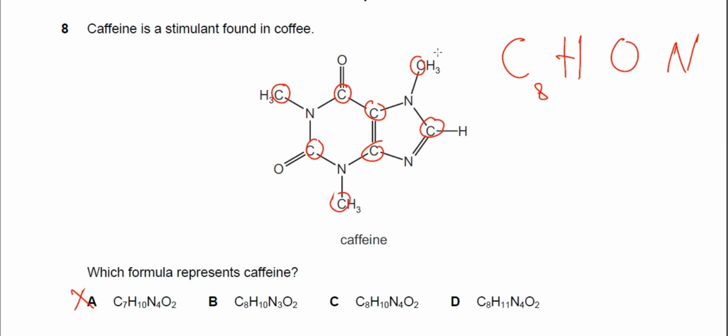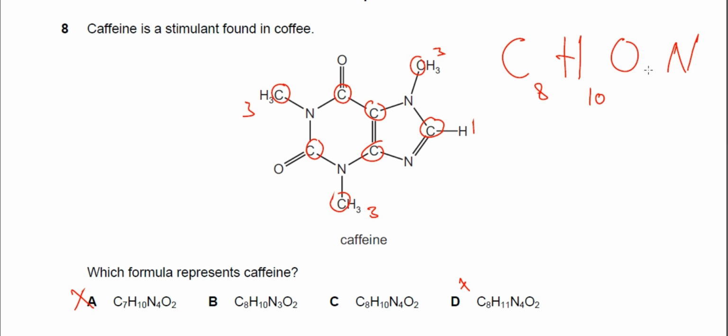How many hydrogens are there? 3, 1, how much? 4, plus 3, 7, plus 3, 10. So there are 10 hydrogen atoms. Then C8 and H11 is definitely out. So now we have a choice between B and C.